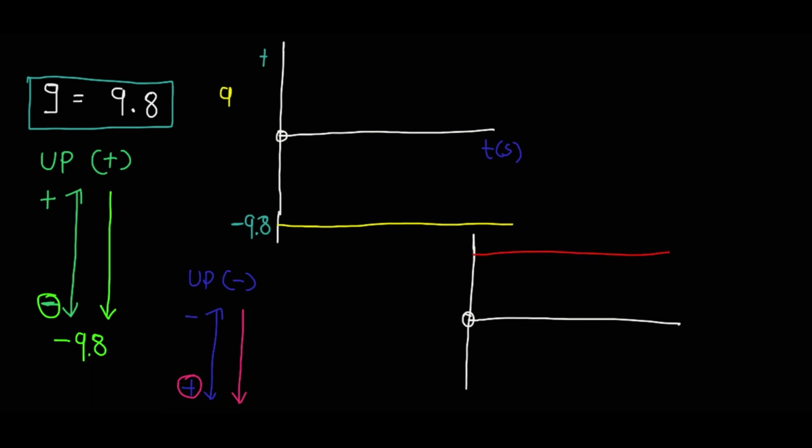We draw 9.8 here because it is positive. Acceleration is always downwards, and your acceleration in this case is positive, so we draw it at positive 9.8. So that's how we draw the acceleration time graph.